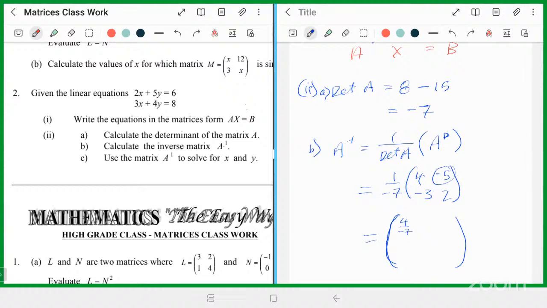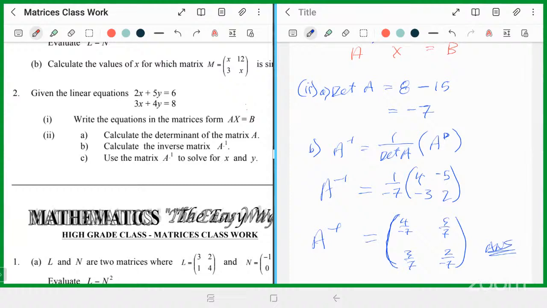The negatives cancel, and so it becomes 5 over 7. Here again, the -3 over -7, the negatives cancel. That becomes 3 over 7. And then here it becomes 2 over -7. So this really is the answer now. That's A to the -1.